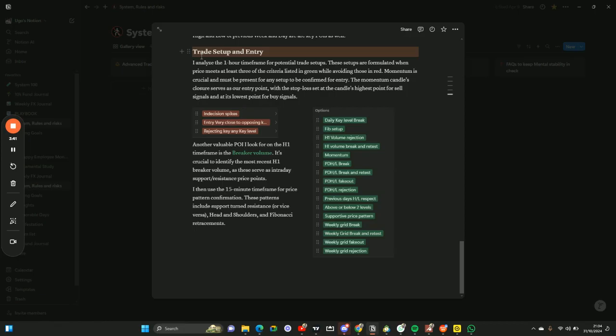From the lesson PDF I shared with you before, if you check that PDF, you're going to find a chapter where it's written price patterns. Some of those price patterns, not all of them, you're going to be looking for on the 15 minutes time frame, just to add extra confluence to your setup. You're not just looking at the 15 minutes time frame for any trade.